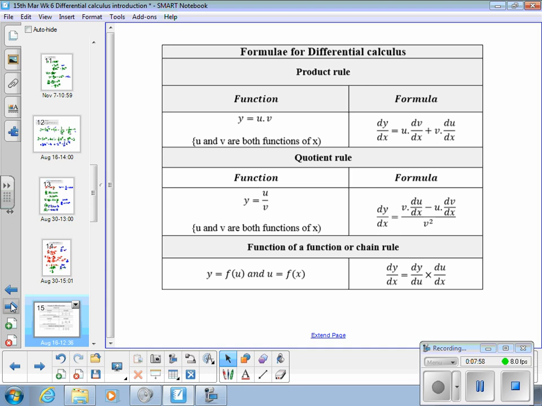And the thing here is recognizing what you need to use. Look at the function so that you can apply the right rule in an exam situation, as well as the maths involved. Okay?